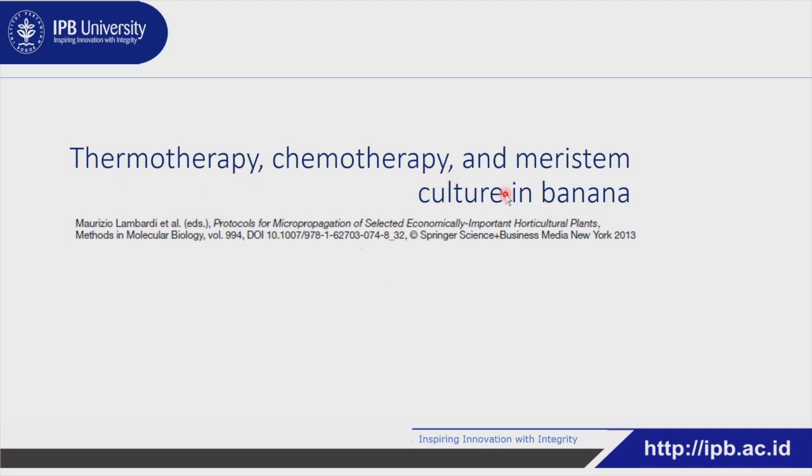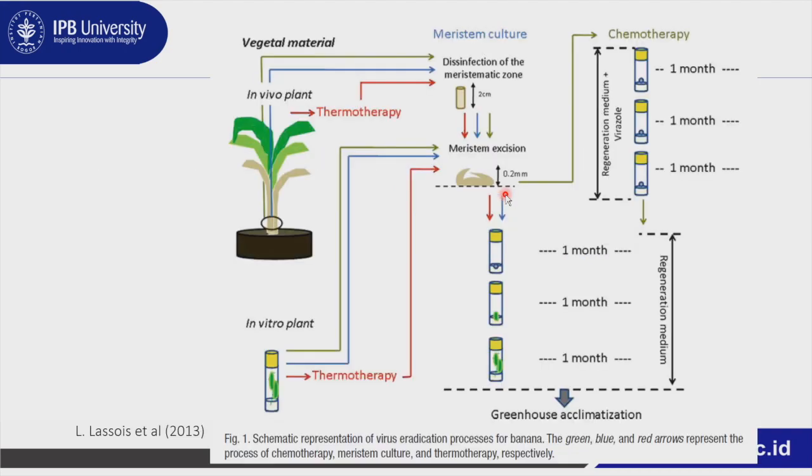So for virus, we should do thermotherapy, chemotherapy, and meristem culture in banana, and this is the scheme. So from an in vivo plant like this, we can take the part like what we did during the sterilization. But before that, we can do thermotherapy using some level of high temperature.